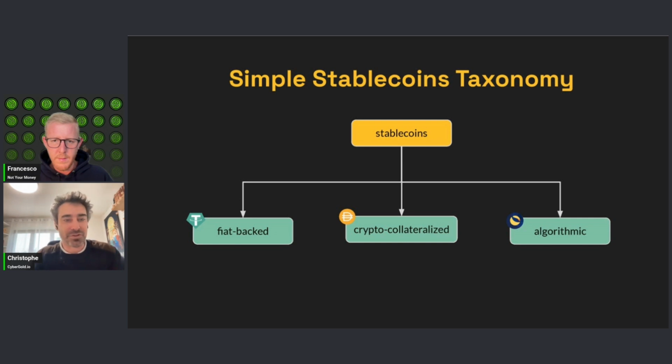So what are the differences between these three stablecoin models? Fiat-backed, so usually it's a private company that is going to issue tokens and that will own reserves in USD, for example, and they claim to have as many dollars in reserve as they are issuing stablecoins. So this is not totally on-chain.